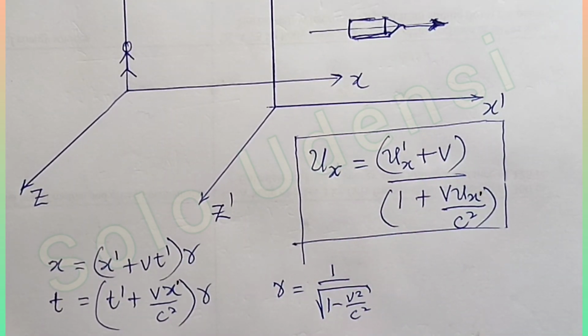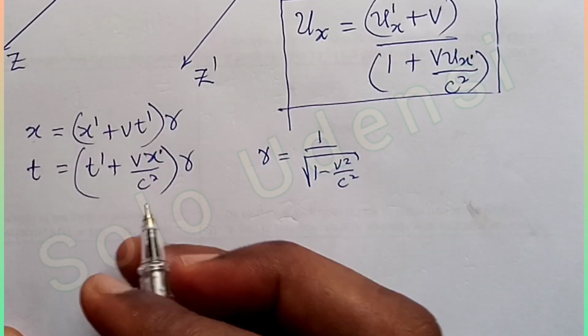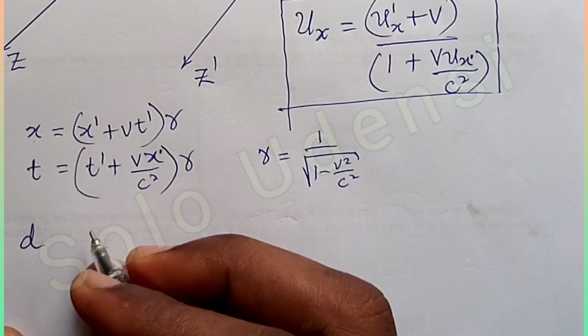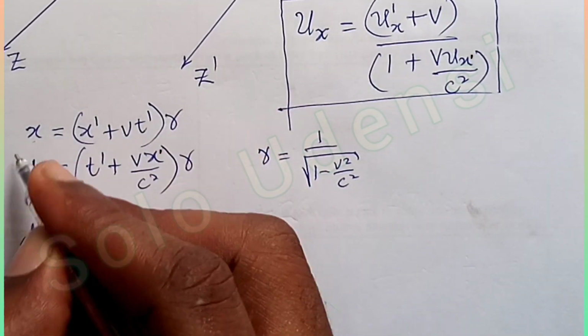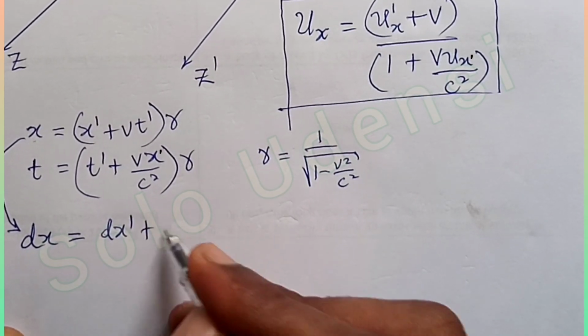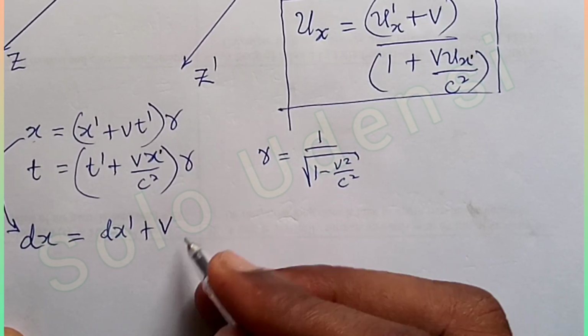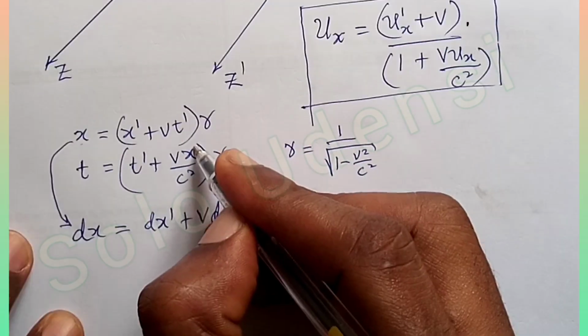You know this by now, you can consult your note. So if we differentiate this, we will have dx equals gamma times (dx prime plus v dt prime), where v is constant, the speed with which the spaceship is moving. Remember, this is prime.